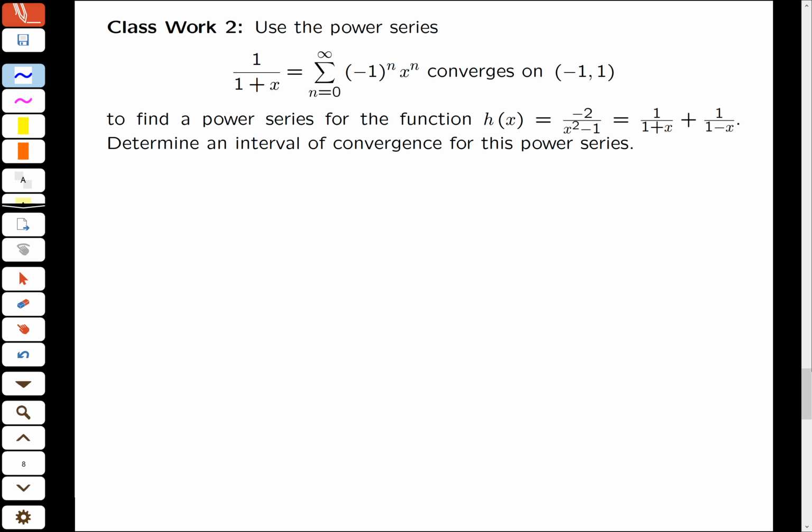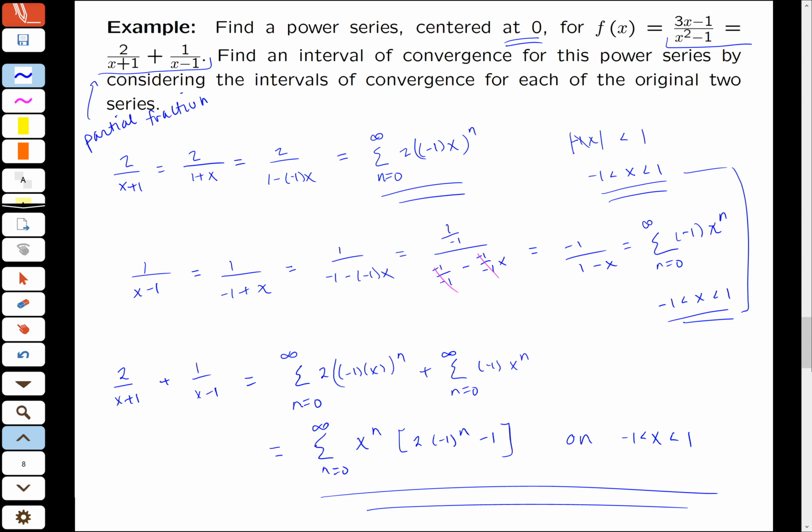Okay, you guys have one. I did the partial fraction decomposition for you. You're welcome. I don't want you to take too much time on it. I'm going to bump it up to the previous slide so you can look at it.